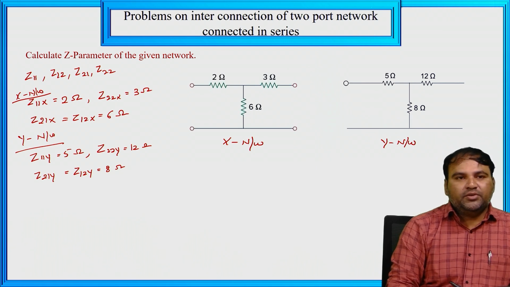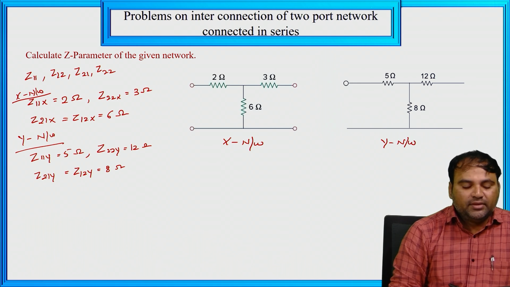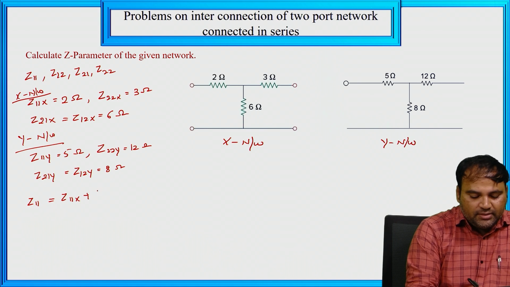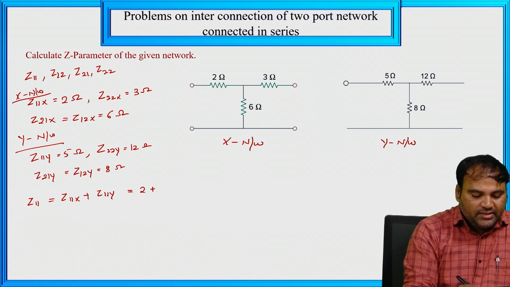Now using these equations, we calculate the Z parameters. Z11 equals Z11X plus Z11Y, which is 2 plus 5, equal to 7 ohm.